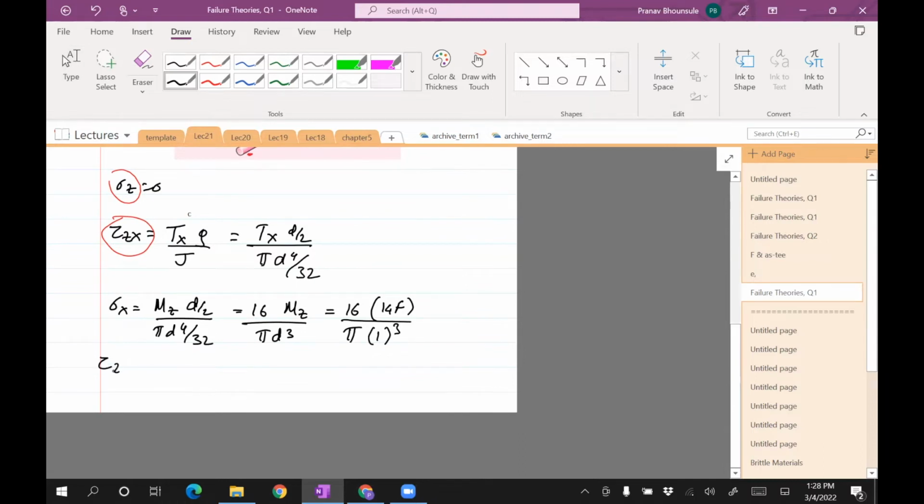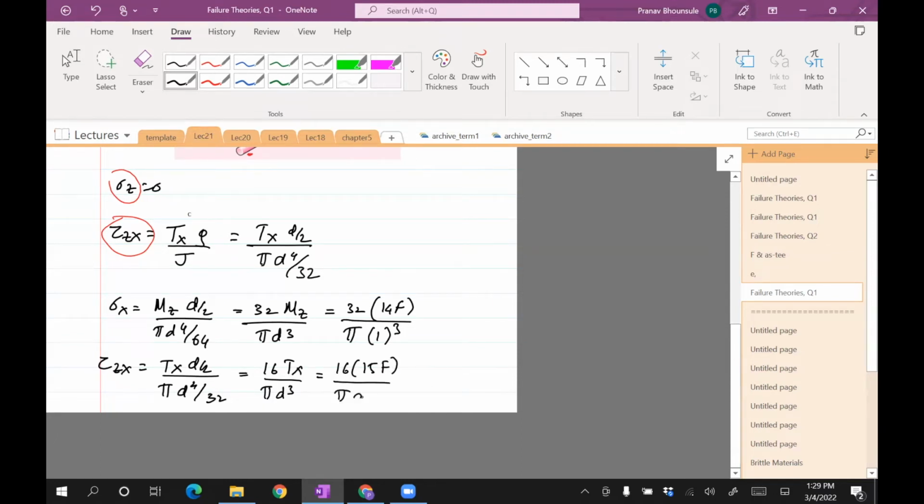Then tau zx is Tx divided by 2, pi d raised to 4 divided by 32. So that comes out to be, I made a mistake here. This is 64, it should be 32. And this should be 16 Tx divided by pi d cube, which comes out to be 16 times Tx, written down as 15 times F, divided by pi d cube.